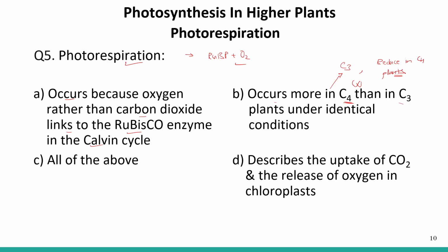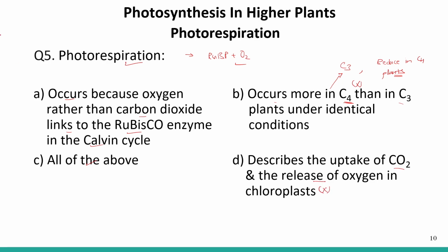Why? Because of the presence of Kranz anatomy. Option C is all of the above. Option D describes the uptake of carbon dioxide and the release of oxygen in chloroplast. This is also not correct.